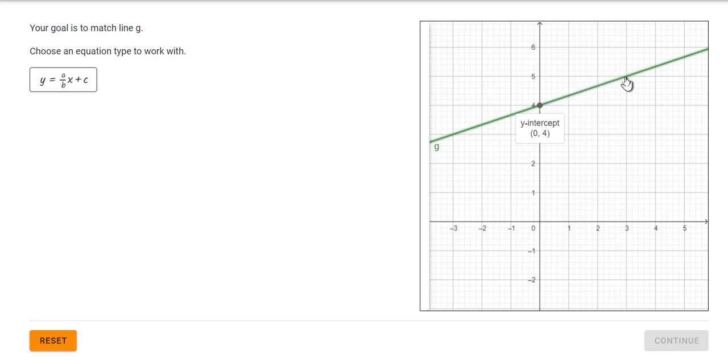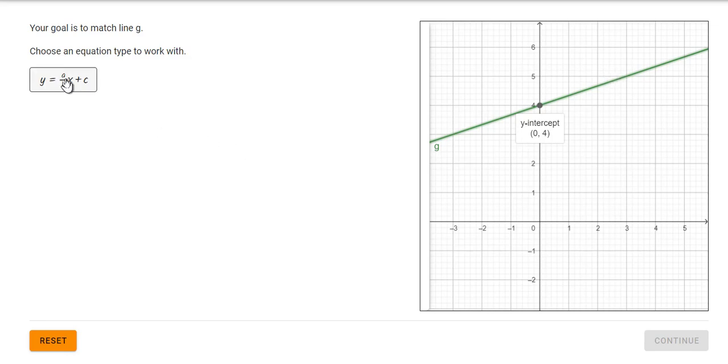Well, it definitely goes up 1 unit, so that would be a 1 on the top. And then it moves over 1, 2, 3 spaces to get to that point right there on the line. So the slope of the line is 1/3.